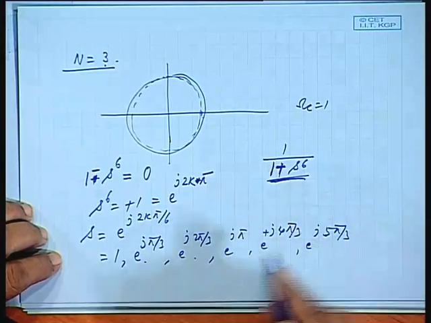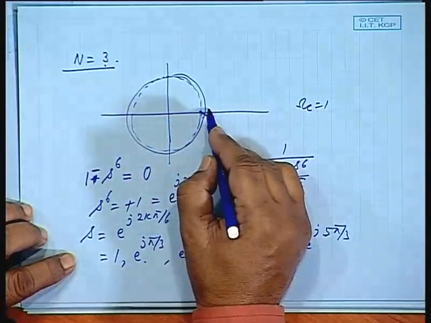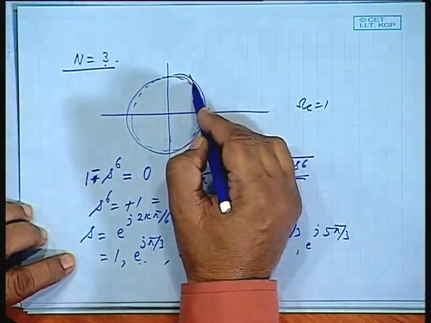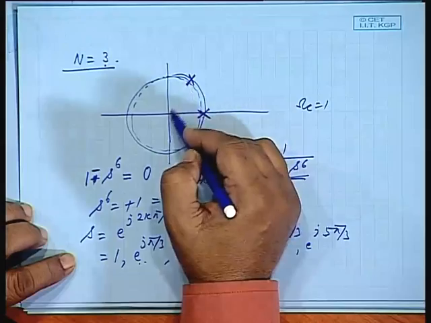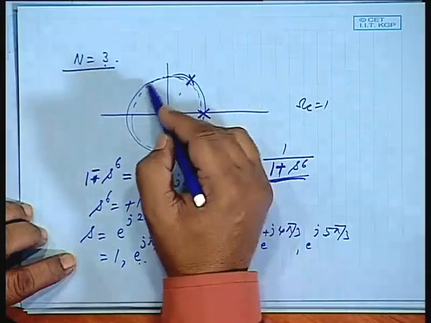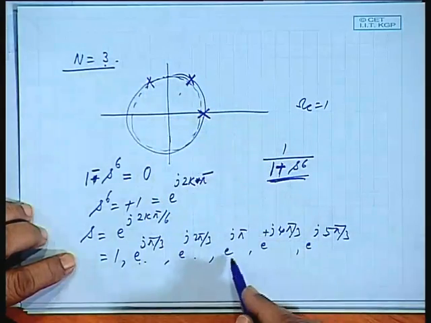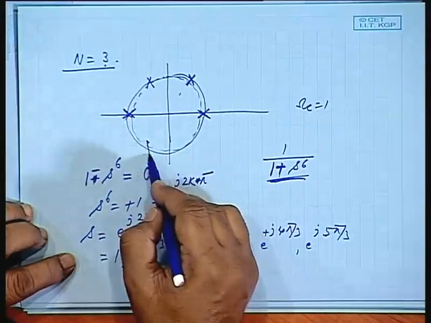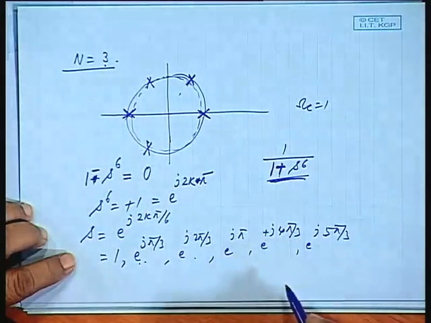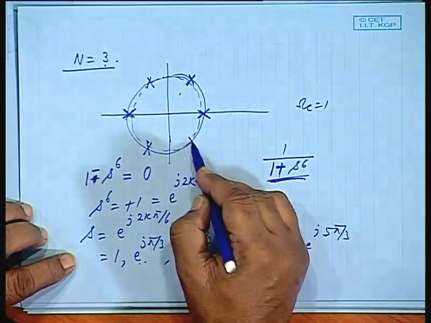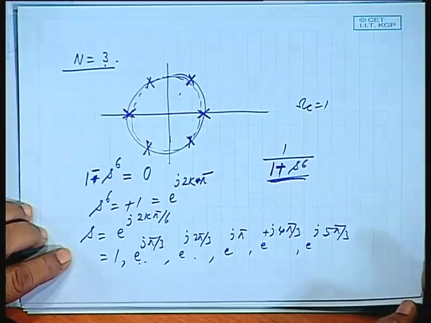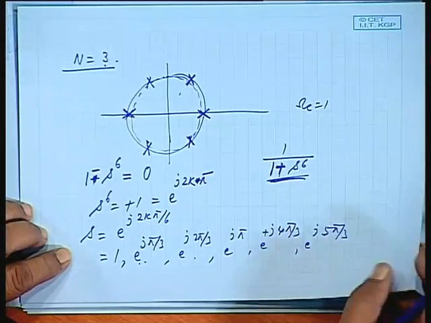So, the values are 1, then e to the power j pi by 3, here 60 degrees, e to the power j 2 pi by 3 here, e to the power j pi here, e to the power j 4 pi by 3 and 5 pi by 3. Is that all right?